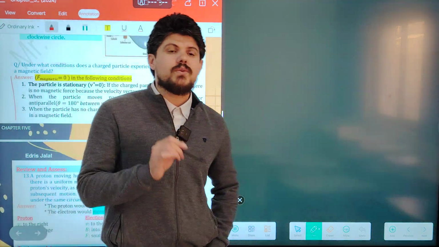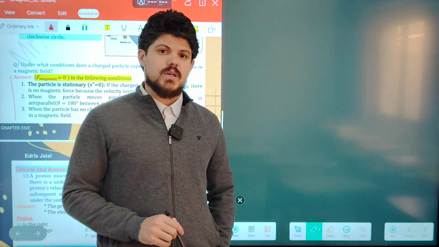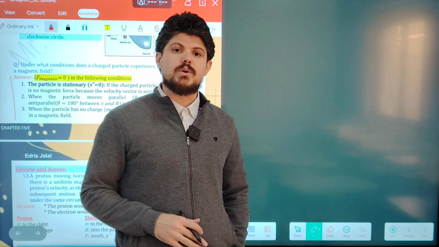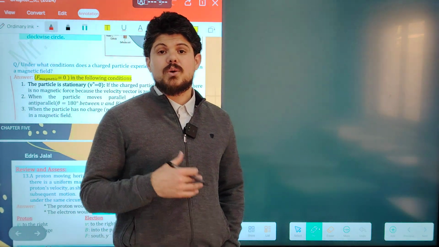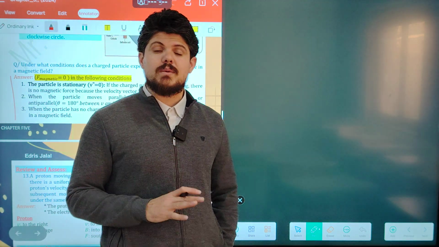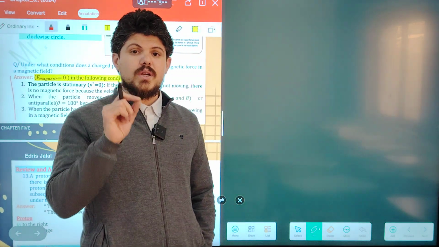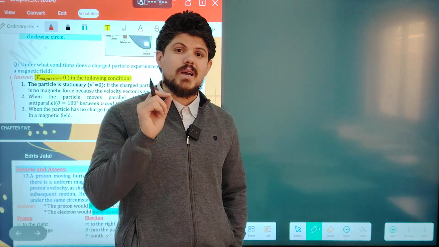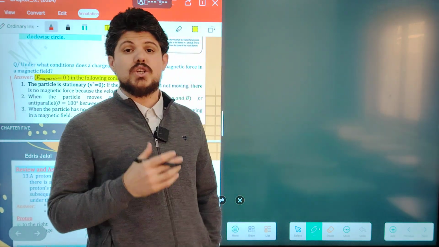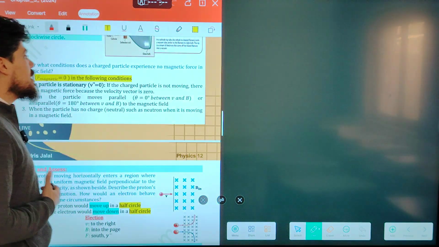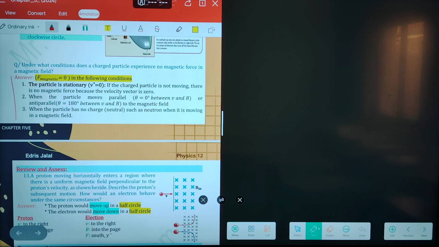When a neutron is moving perpendicular to the magnetic field, what will be the magnetic force? There will be no magnetic force. Why? Because the magnetic field only exerts a force on a charged particle. A neutron is not charged, it has 0 charge. That is why it has no magnetic force.